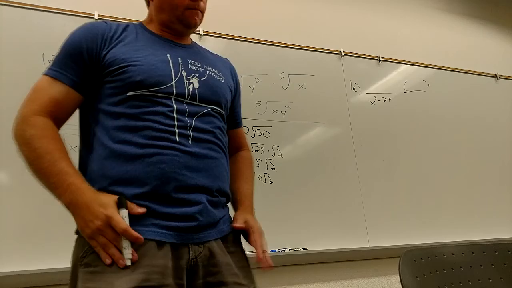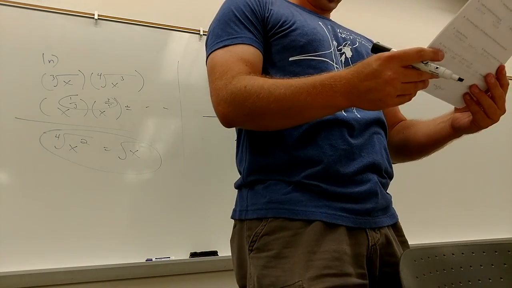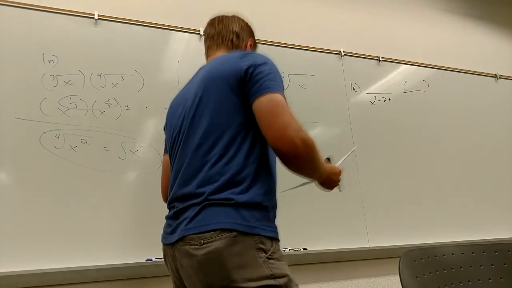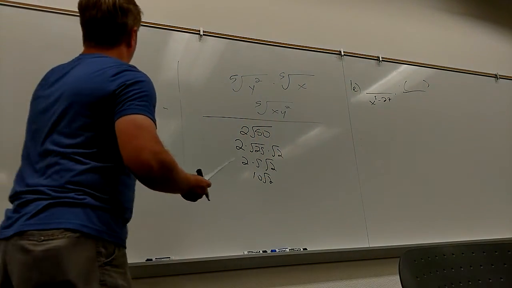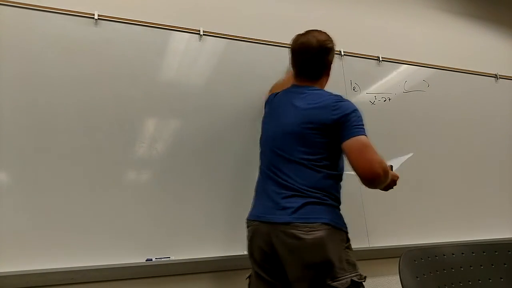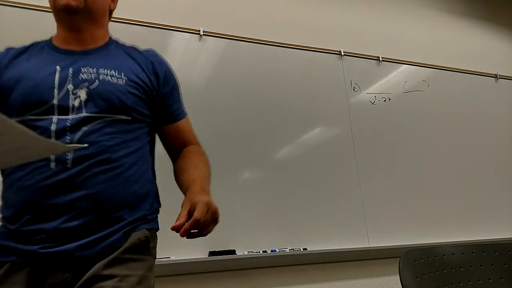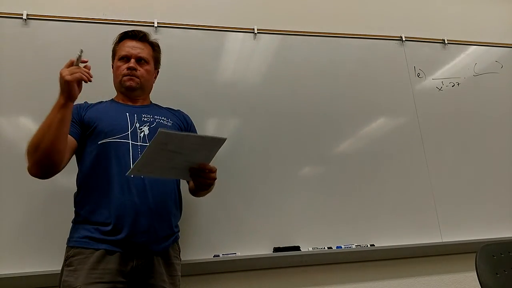Can you do number 2? The word problem. Which one? 2A. So, for word problems, the main thing to realize is, I don't care how good at math you are, there are very few people who are able to just jump straight to the equation.